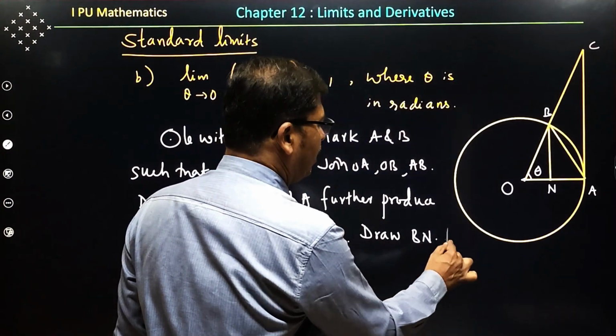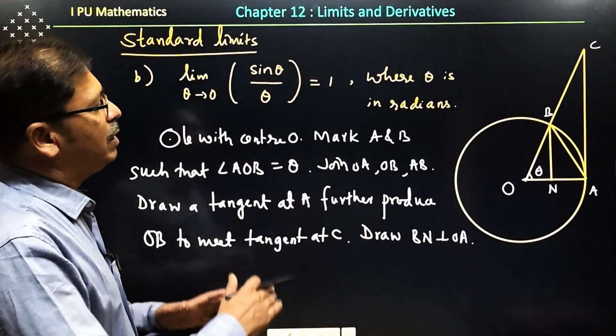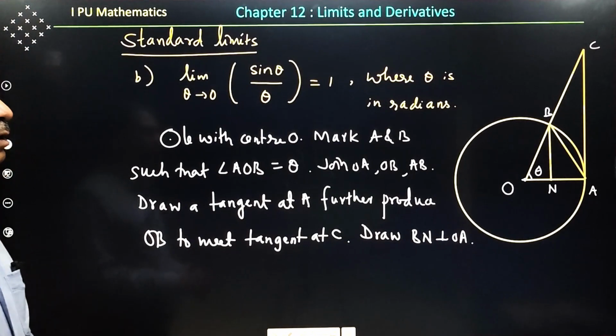This is the preliminary consideration we need to take in order to prove the limit as theta tends to 0 of sin theta upon theta.